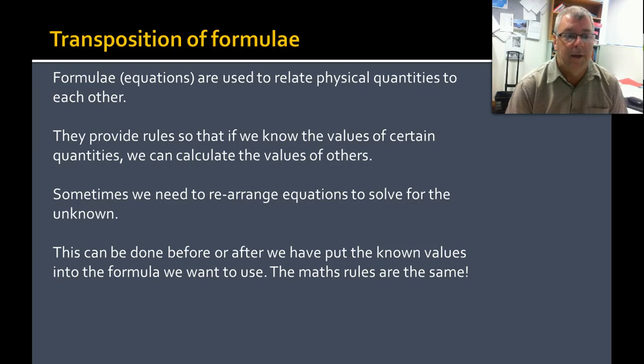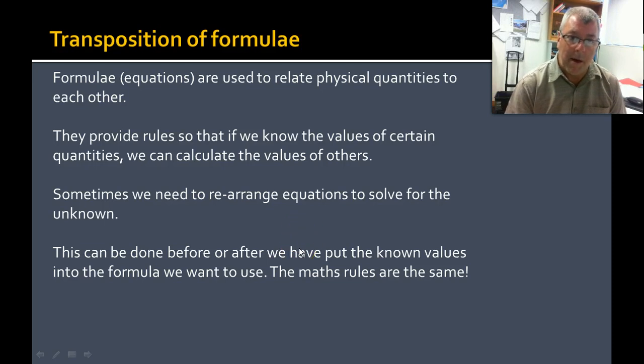Now they all have a number of letters in them, and if we know enough stuff we can use those equations to predict or to find out what's actually going to happen with other quantities in those equations. So we use equations all the time to find out stuff. For example, find out how far to throw a ball, how fast a car's going, how far something has travelled, all sorts of different equations that we use.